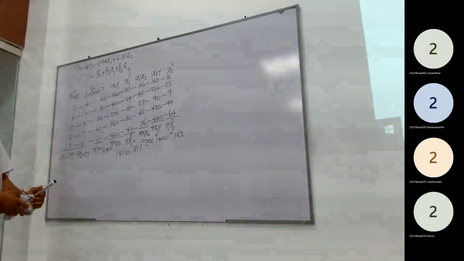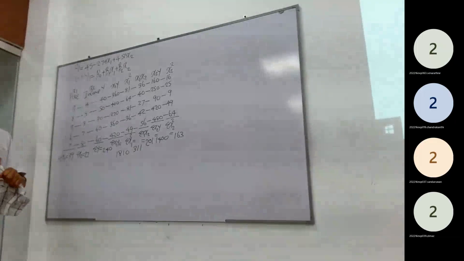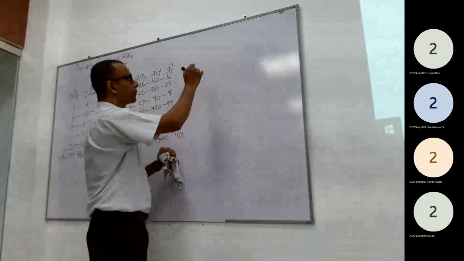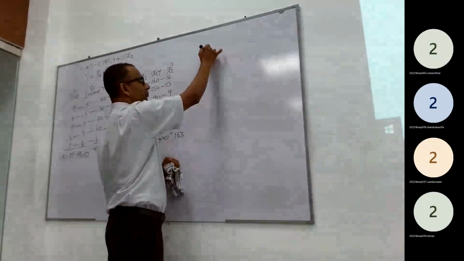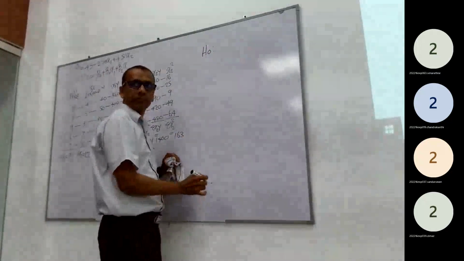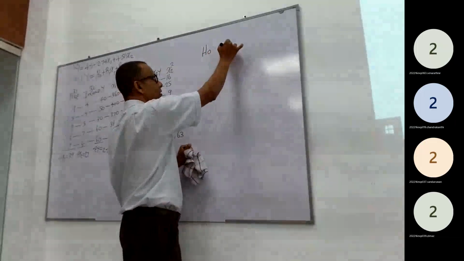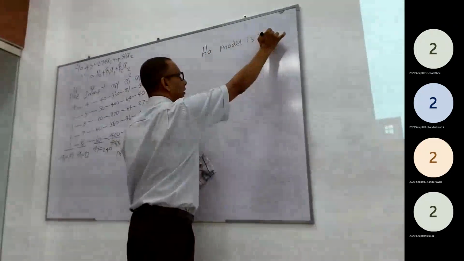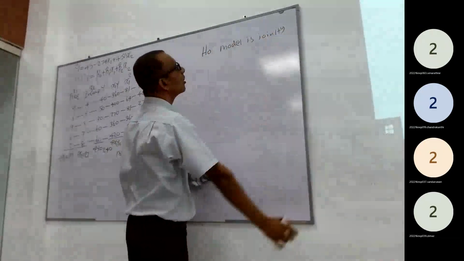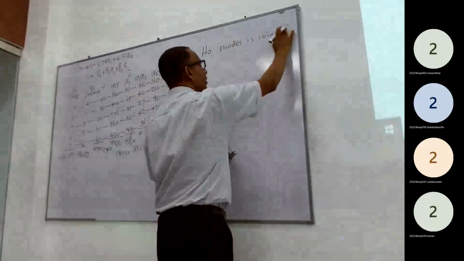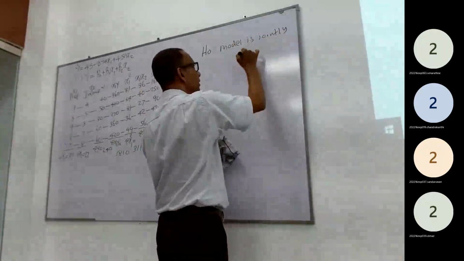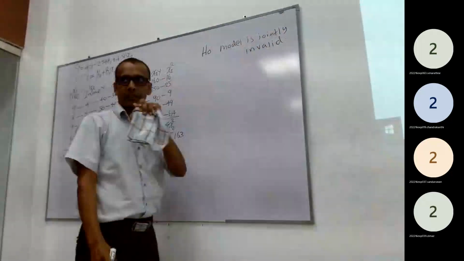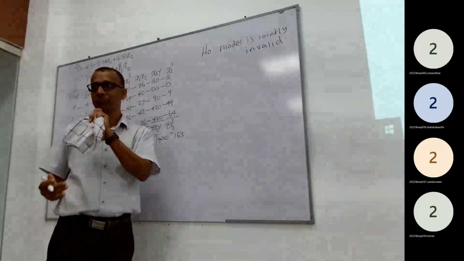Now I am going to take my regression ANOVA test. H0 I write: the model is jointly invalid, not appropriate, insignificant.